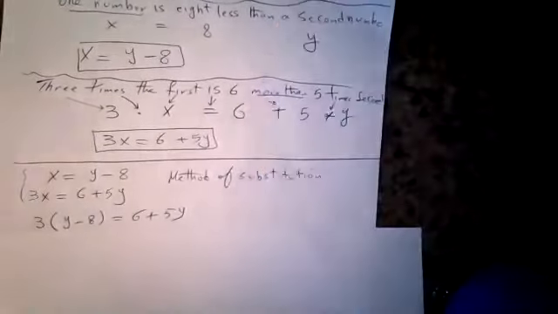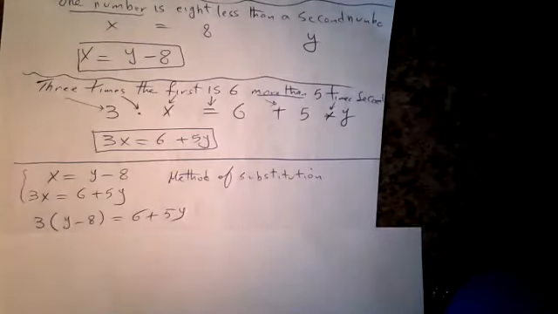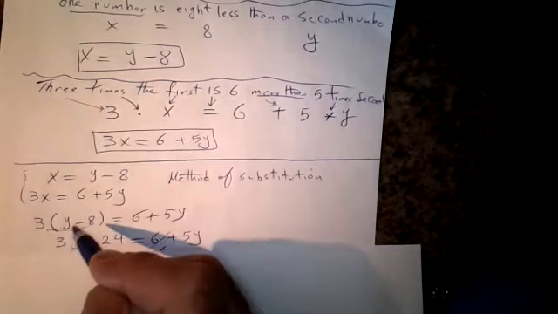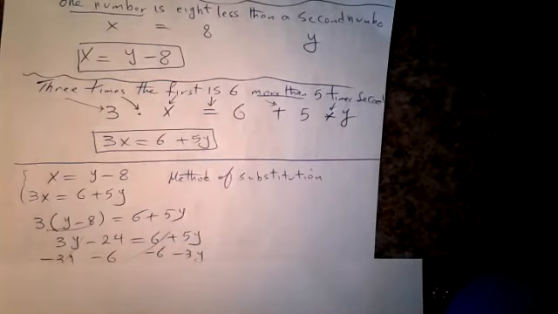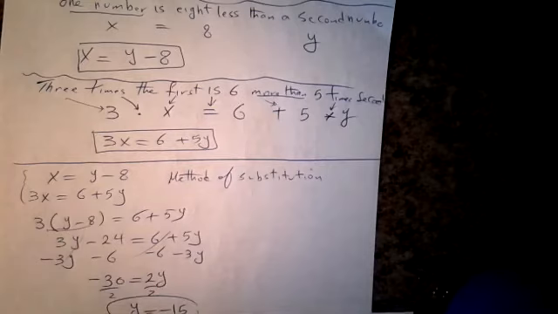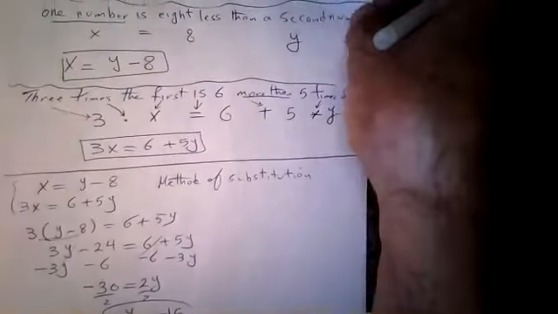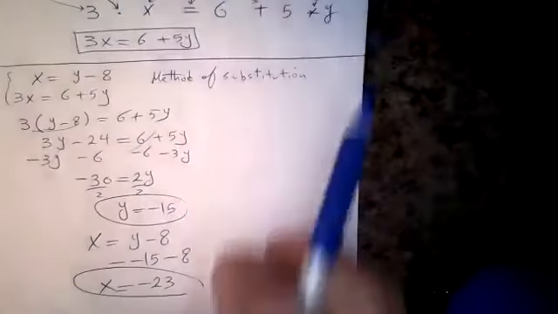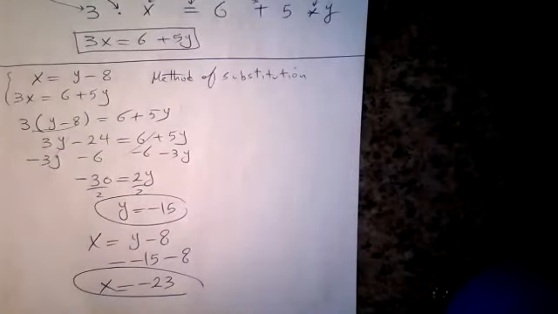And then when I distribute 3, I solve that equation to find my Y value. When you find the Y value, then you can plug that into the first equation to find your X.